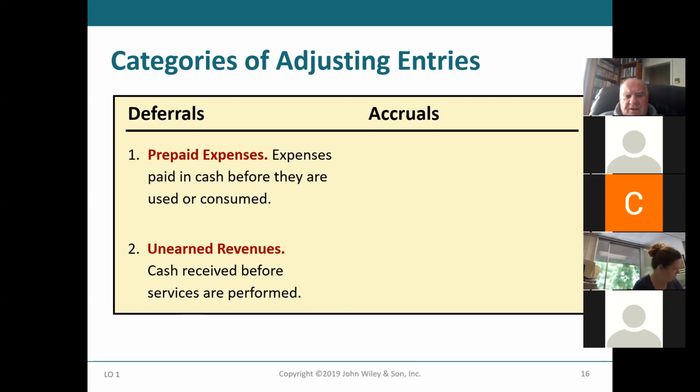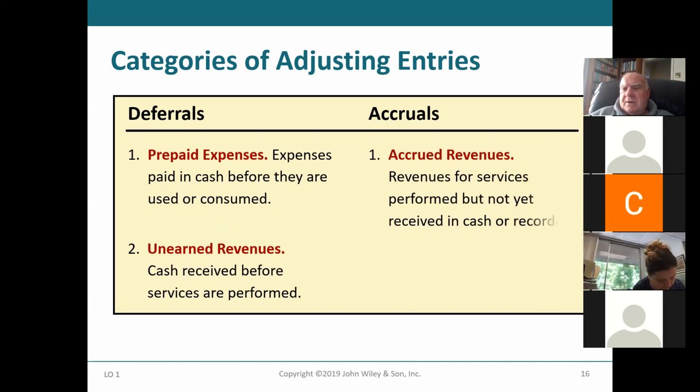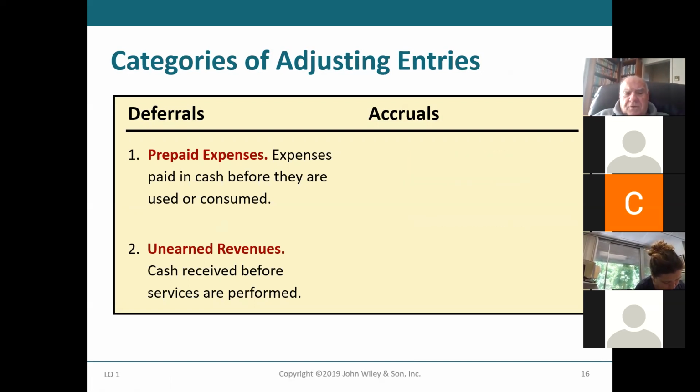Prepaid expenses and unearned revenues are the same thing, depending on what side of the transaction you're on. Prepaid expenses, if you bought the insurance policy, you debited insurance and credited cash. If you're the insurance provider, you debited cash and credited unearned revenue, okay?